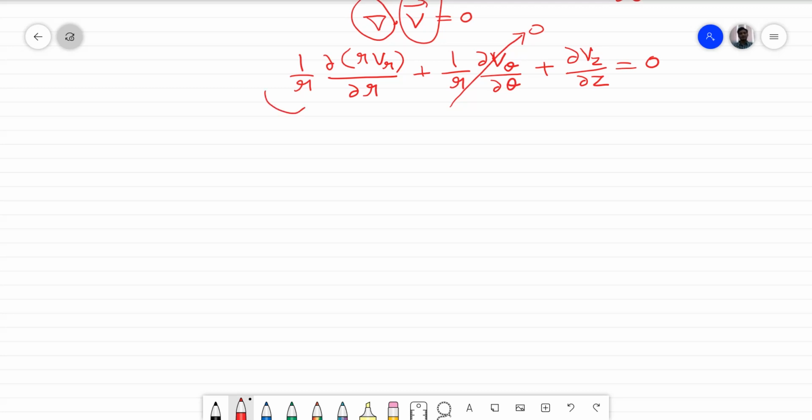So the final continuity equation that we get, and let us expand the first term also, we will get 1 by r. So let us first differentiate this.